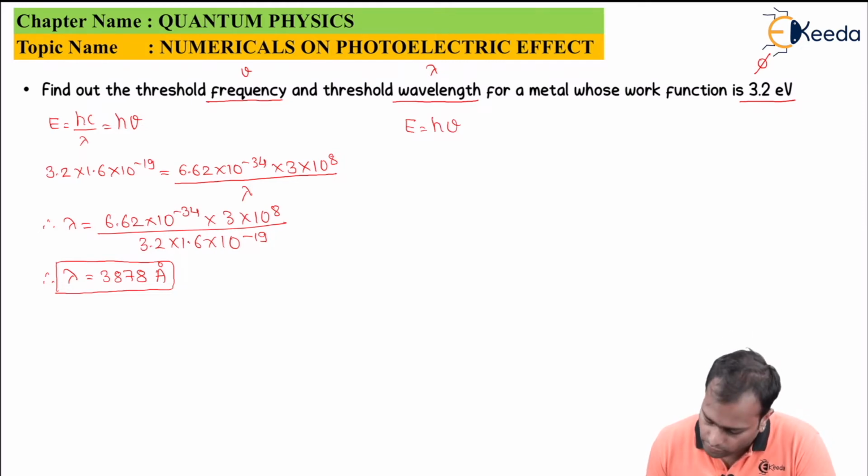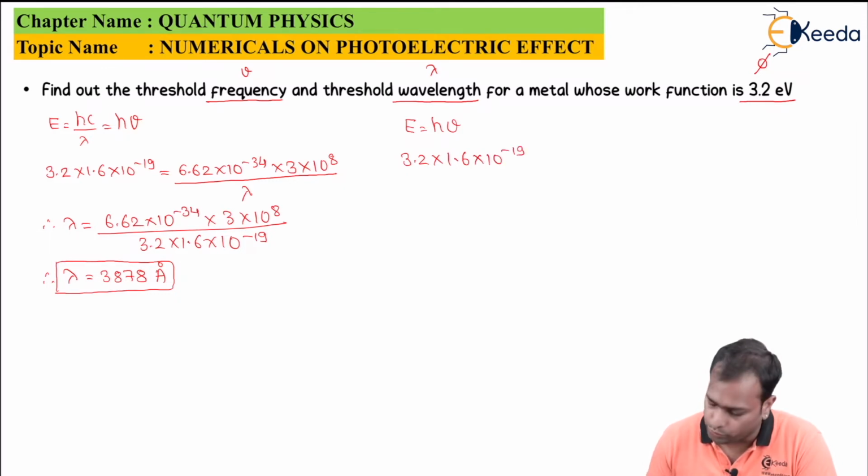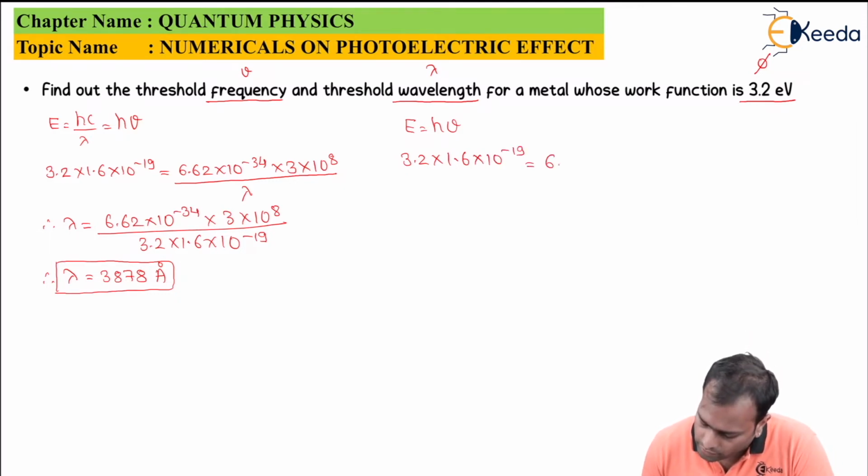Again, using the value of E as 3.2, multiplying it by 1.6 into 10 to the power minus 19 to convert it into joules, and then of course 6.62 into 10 to the power minus 34, that's the value for Planck's constant, into nu. On solving, you will be getting nu as 7.7 into 10 raised to 14 Hertz.